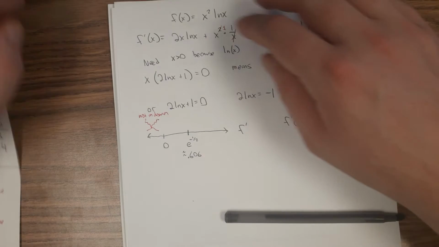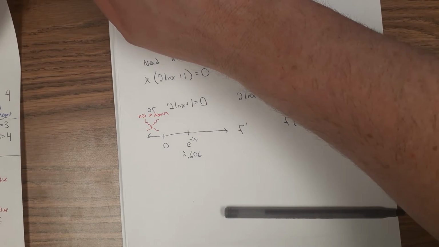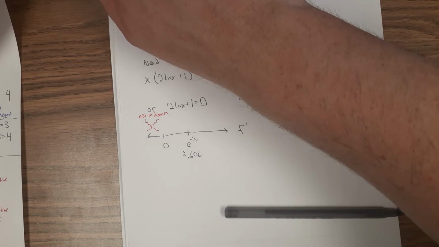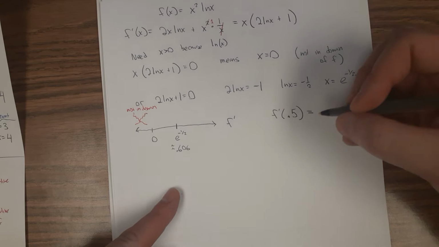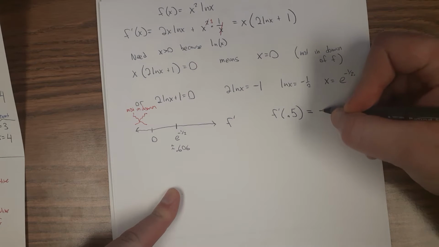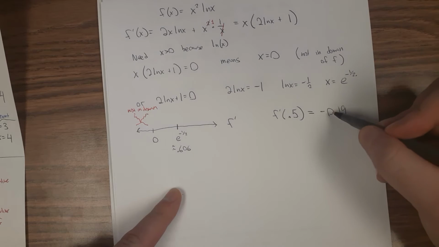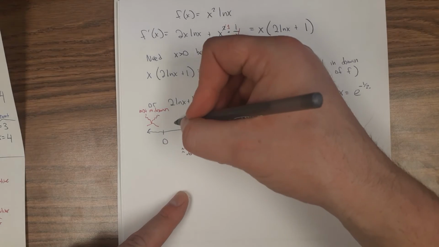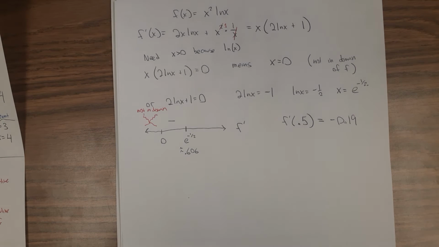I'm using a computer, and I get that this is -0.19. All I care about is whether this is a positive number or a negative number, and I trust the calculator or computer to tell me that it's negative. This is an acceptable use of a calculator or a computer.